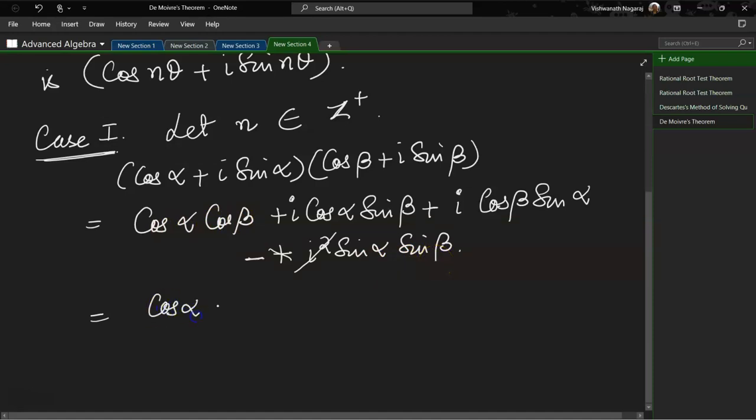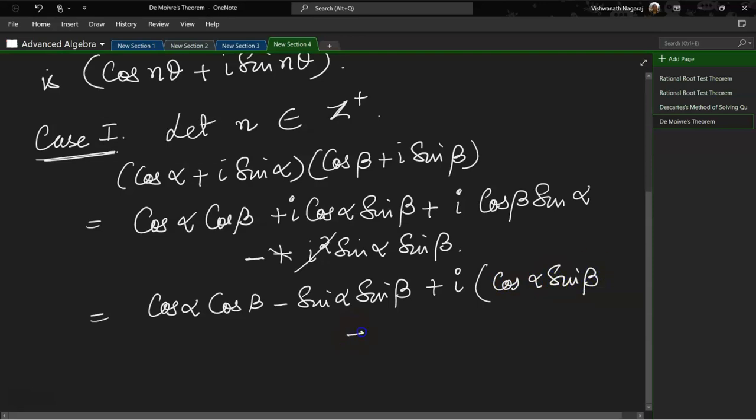So cos alpha cos beta minus sin alpha sin beta plus i, let's take it common out, and we are left with cos alpha sin beta plus cos beta sin alpha.